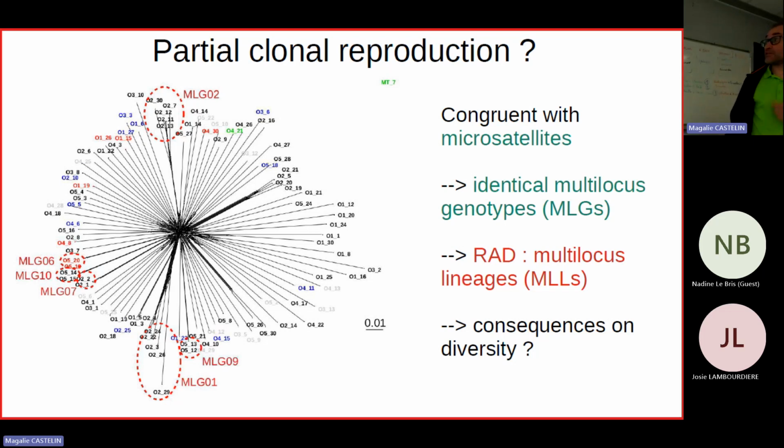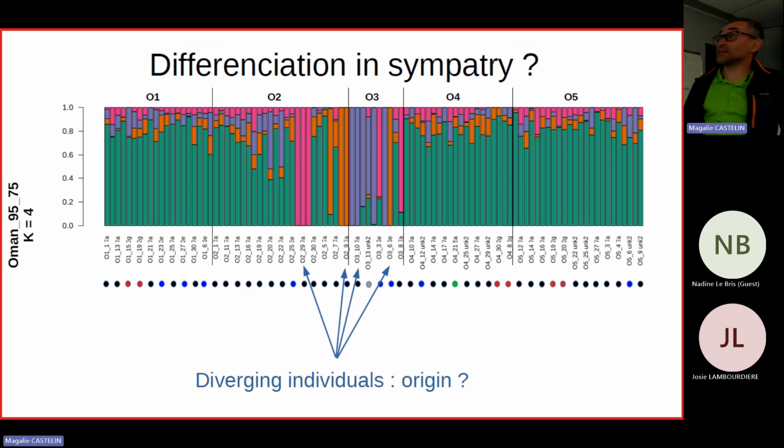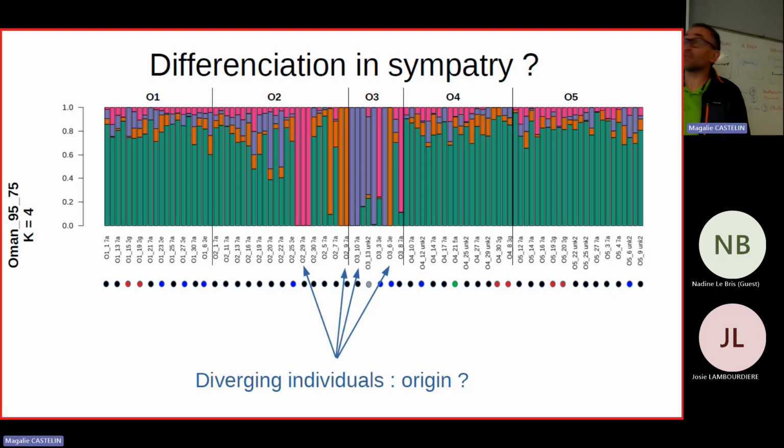This is important because this has consequences for the genetic diversity. I will not discuss it today, but if I go back here, you see that if you don't look at this in your data, you could make wrong inferences.